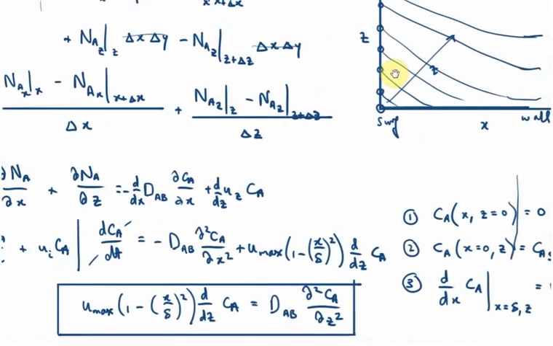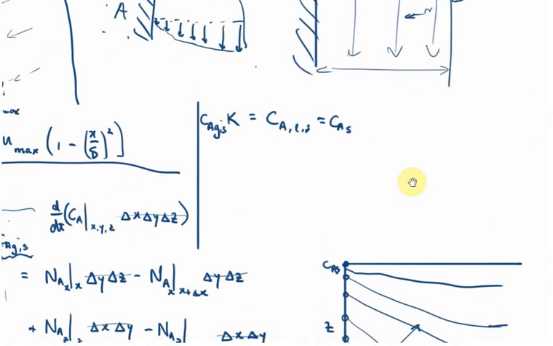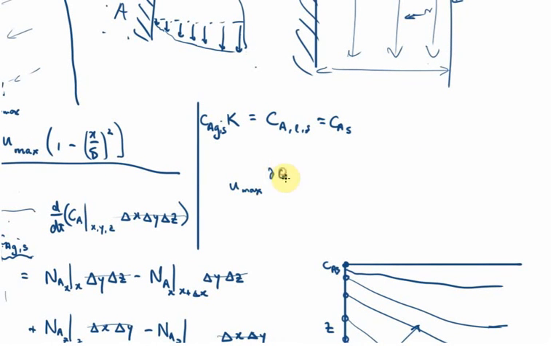So we make the approximation that our system of equations becomes simply u max ∂C_A/∂z equals D_AB ∂²C_A/∂z², or in our case it's ∂²C_A/∂x². And of course here before we didn't have a constant, but you can just divide through by this constant, right?